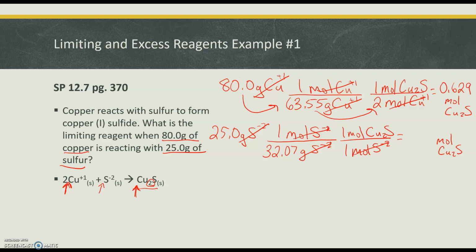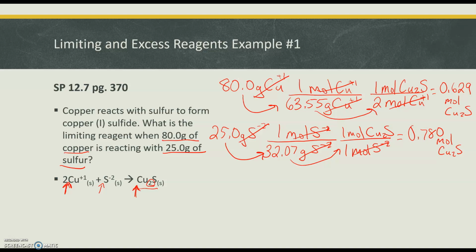Down below, we'll take our 25.0 grams, divide it by 32.07 grams. We don't really have to do anything here because it's a 1-to-1 ratio, and anything divided or multiplied by 1 is itself. And that should give us 0.780 moles of copper 1 sulfide.